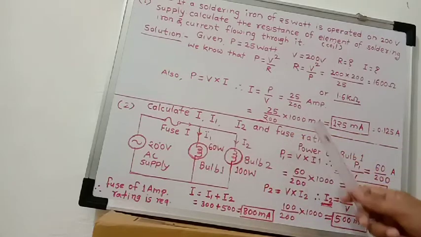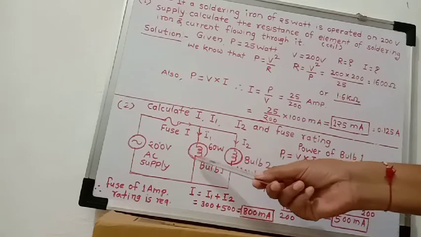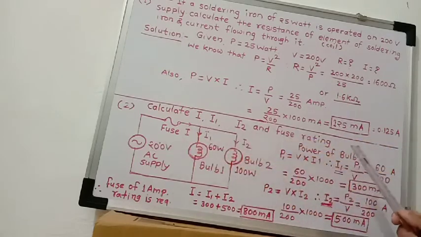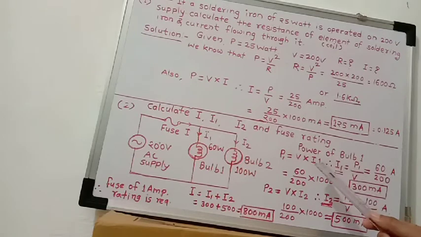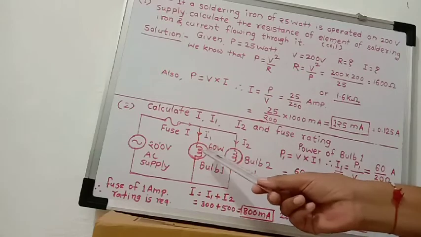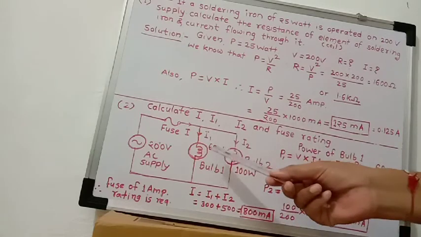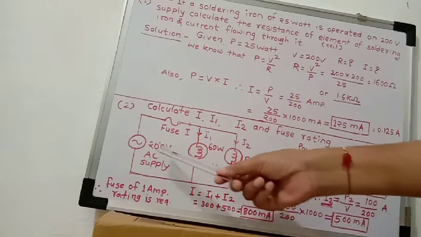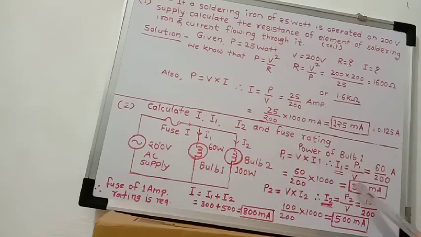From this equation, I1 is equal to P1 upon V. P1, the power of bulb 1, is 60 watt. So 60 divided by 200.